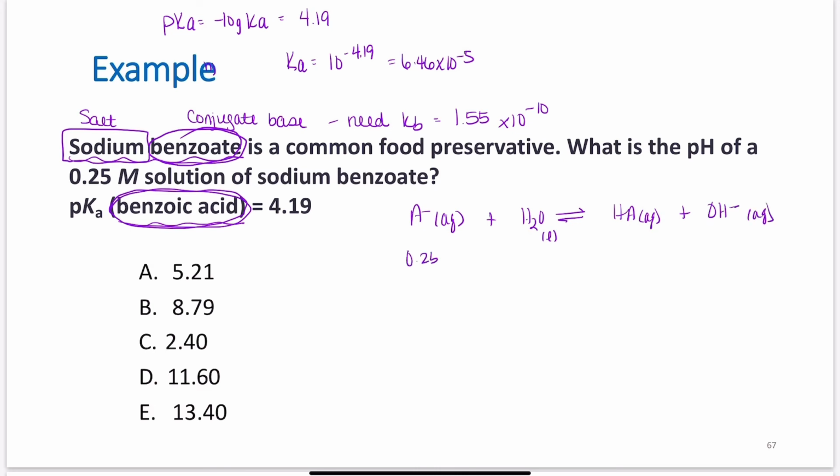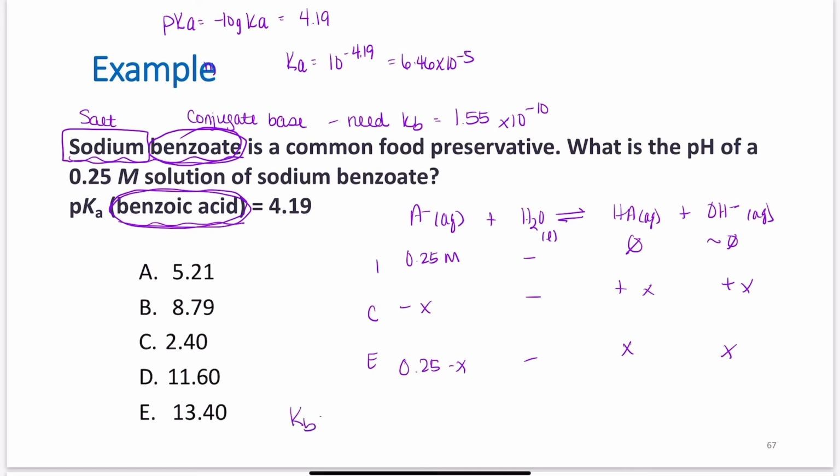I'm starting out with a 0.25 molar solution, and none of my acid and approximately no hydroxide. Reactants are always minus because the way the reaction's written, we're assuming it's going in that direction. Products are always plus.